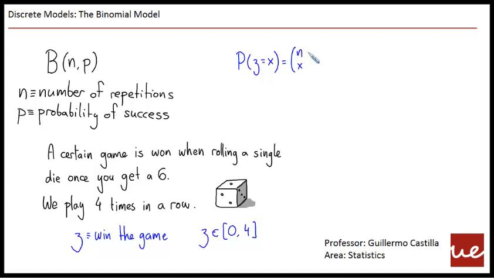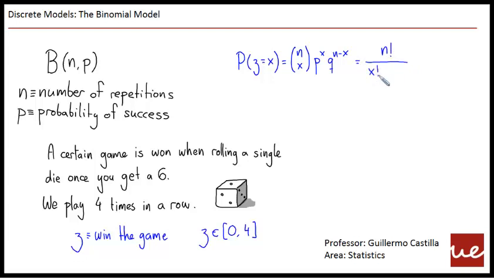So what is the probability of chi being a certain number x in this case? Well, it's the Newton binomial n over x times p, the probability of success, to the power of x, times q, which is the complementary probability of p, 1 minus p is q, to the power of n minus x.